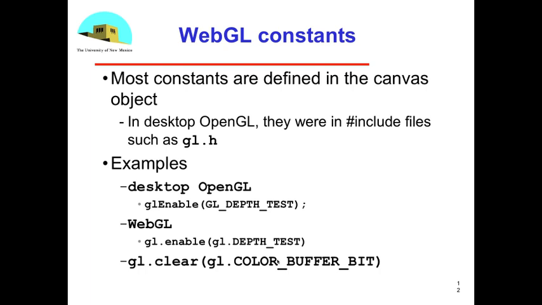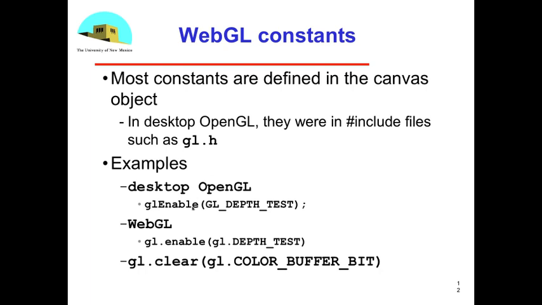As seen in desktop OpenGL, suppose you want to enable some sort of a function. Here I want to enable depth testing so I can do hidden surface removal. So the function I want to call is glEnable, and the parameter I send will have a name, GL_DEPTH_TEST, defined inside this gl.h file.